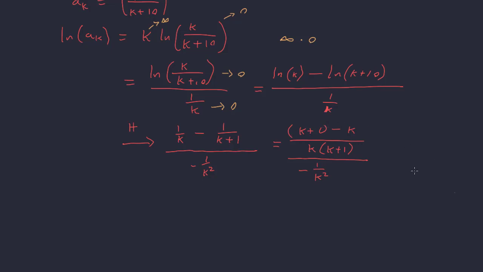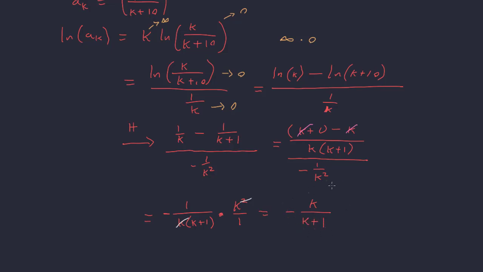And the k's up top cancel. I'm going to invert and multiply. So I'll get 1 over k times k plus 10, times, this will be a negative, so I'll bring that negative all the way out and get k squared over 1 when I invert and multiply. So notice that this and this cancel, and this comes out to be negative k over k plus 10.